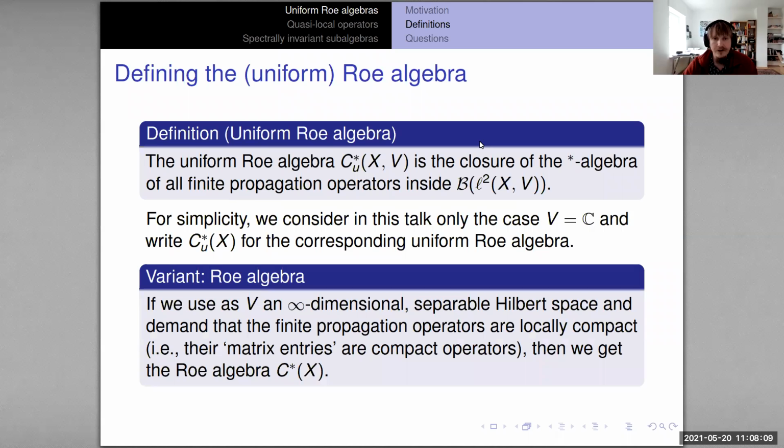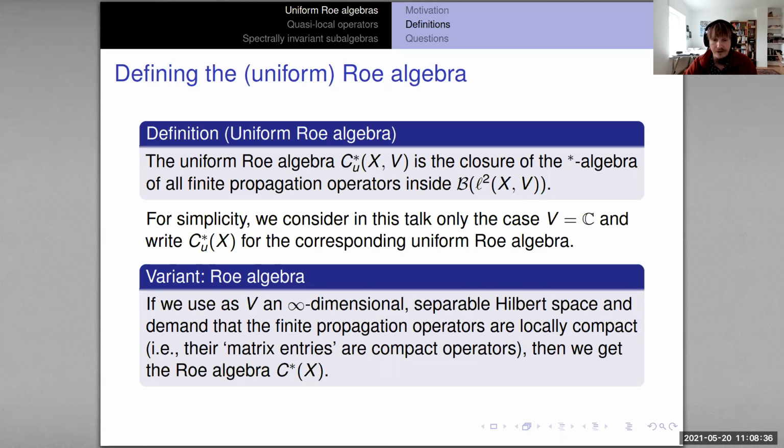And now if you wonder why this stuff is called the uniform Roe algebra, there's of course also the usual Roe algebra, that's a variant of this. Namely, in this case, you use as your vector space V an infinite dimensional separable Hilbert space. But then you have to additionally demand one further property. Then you don't just consider the finite propagation operators, but you demand them to be locally compact.